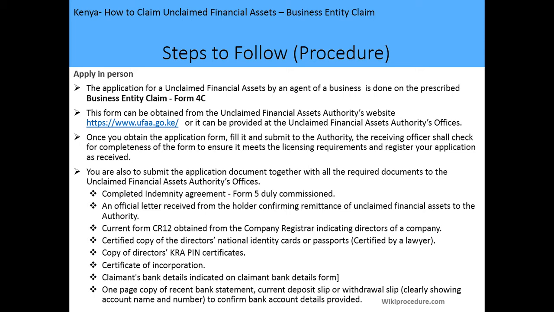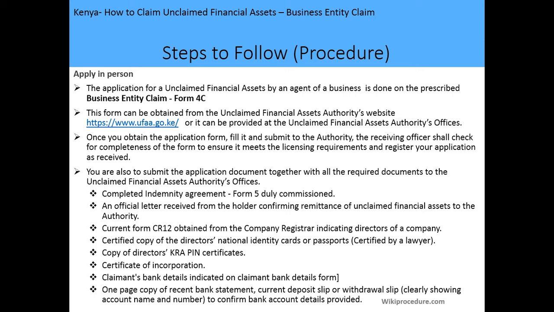And the receiving officer shall check for its completeness to ensure that all the requirements are met, and they're going to register your application as received. And you are also supposed to submit the application together with all the required documents to the Unclaimed Financial Assets Authority offices.